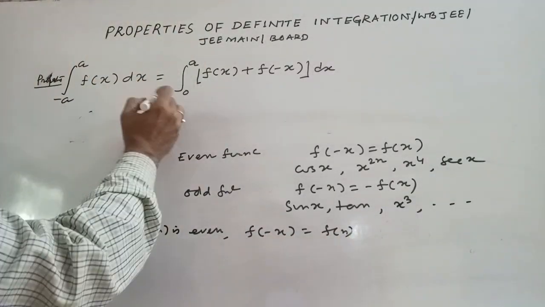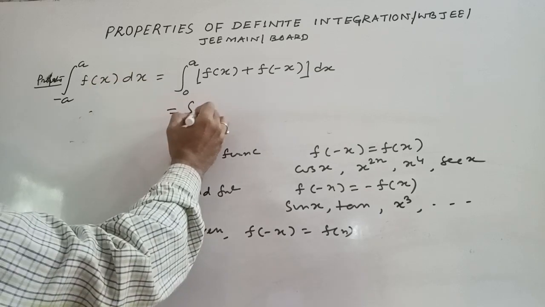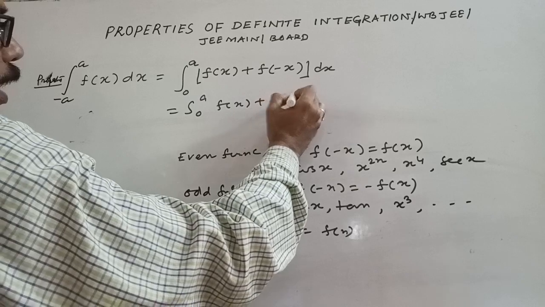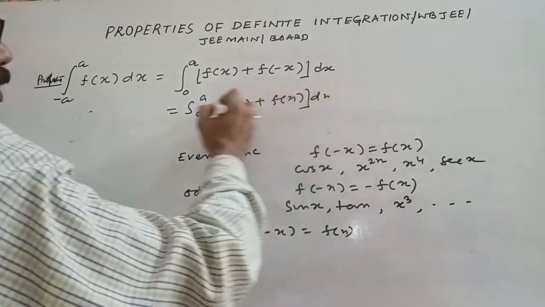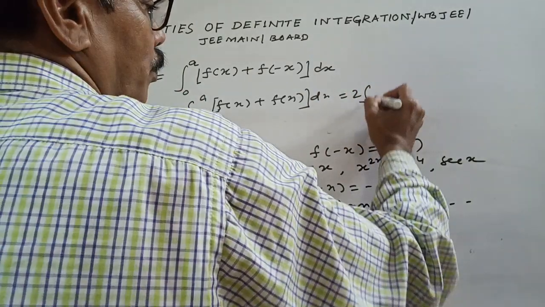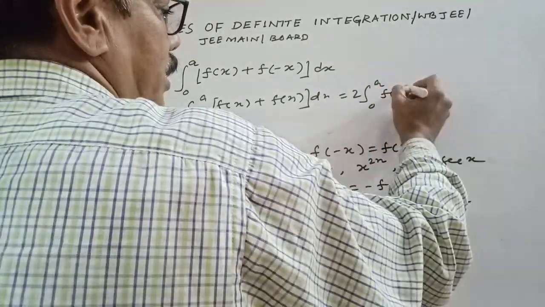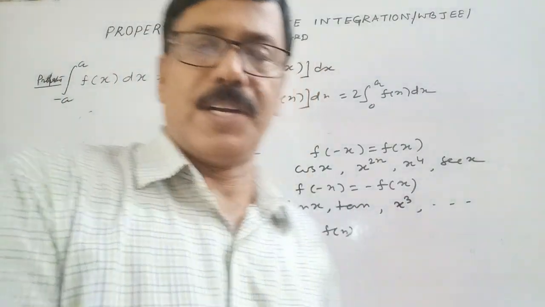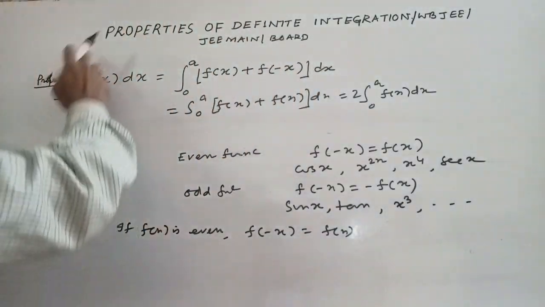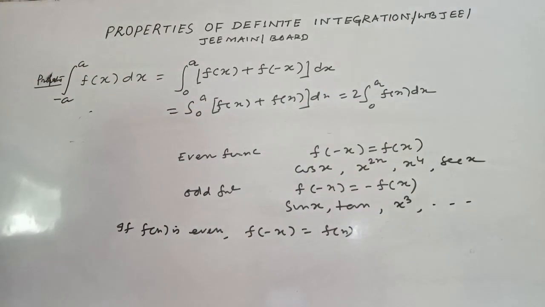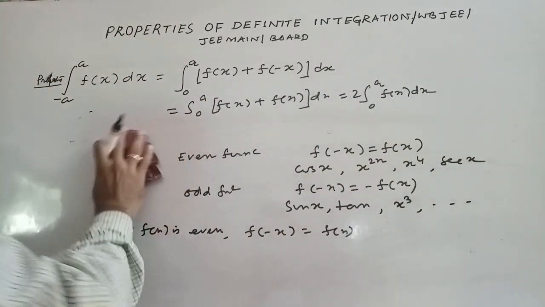So what we are getting from this result: integral from 0 to a of [f(x) plus f(x)] dx, because f(minus x) is f(x). So 2 into integral from 0 to a of f(x) dx. So for even function, what is the property? Integral from minus a to plus a of f(x) dx, 2 come forward, it will be 0 to a.